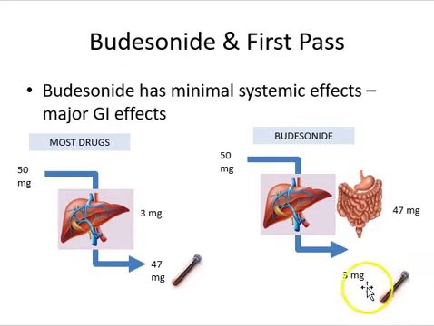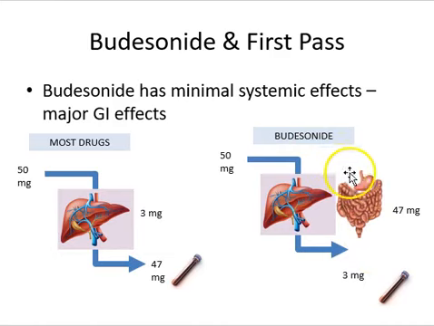We don't want it touching the heart or the brain or the lungs. The goal of budesonide is really just to keep it in this compartment so that it can reduce inflammation. And this illustrates really nicely the first pass effect. Here, this is most drugs having a relatively minor first pass effect. And here's budesonide, which is unique in that it has a large first pass effect.